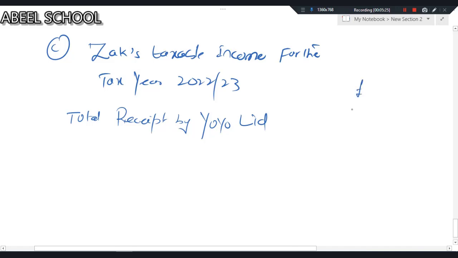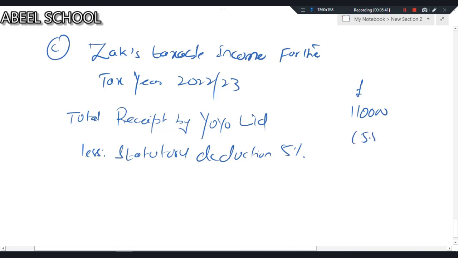That is 1,10,000. Let us deduct 5% statutory deduction. If we take 5% of 1,10,000, we will get 5,500. 1,10,000 minus 5,500, I'm getting 1,04,500.